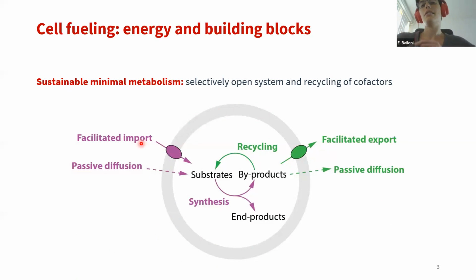So the synthetic cell should be an open system, but a selectively open system, so that not all the metabolites can flow in and out in an uncontrolled fashion. On top of that, we should also include a system for internal recycling of those byproducts that for some reason cannot be removed out of the synthetic cell, but that if left there would slowly build up in the internal lumen and cause inhibition. So this is the base to develop a sustainable minimal metabolism.